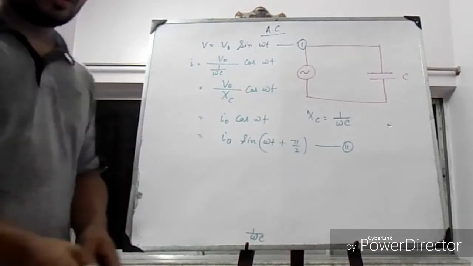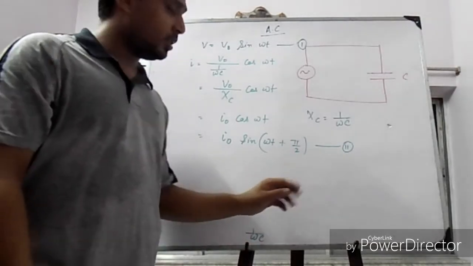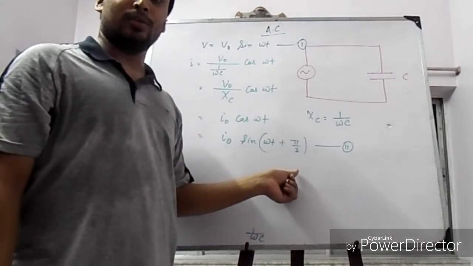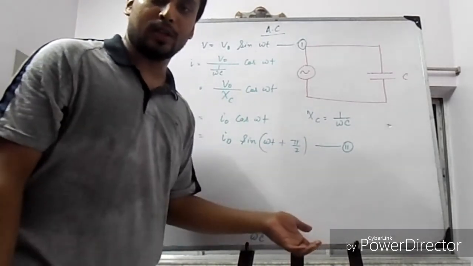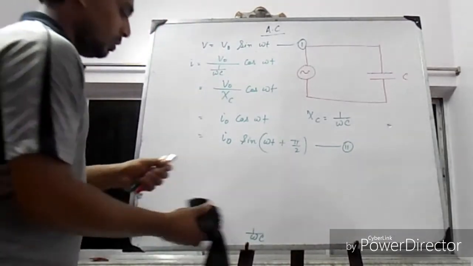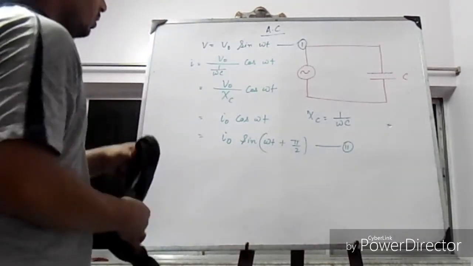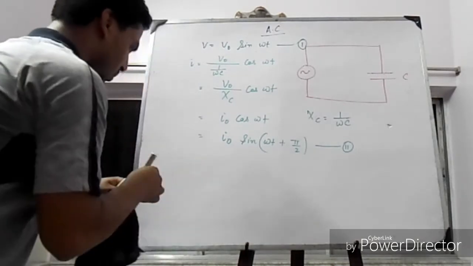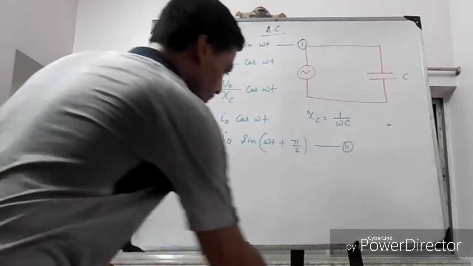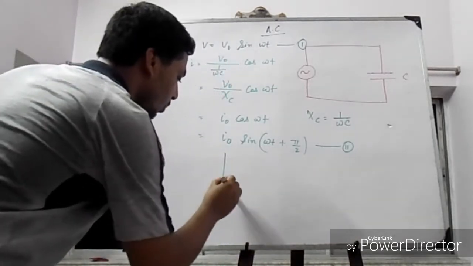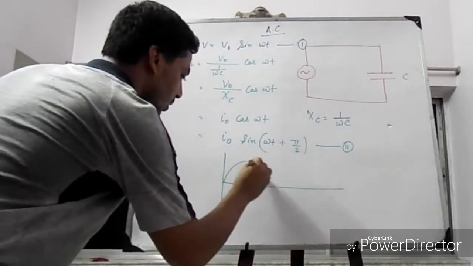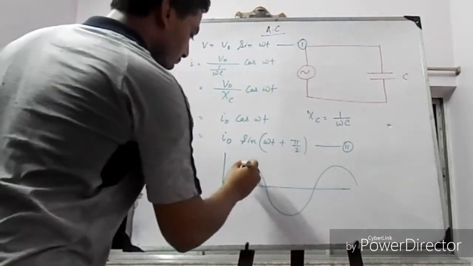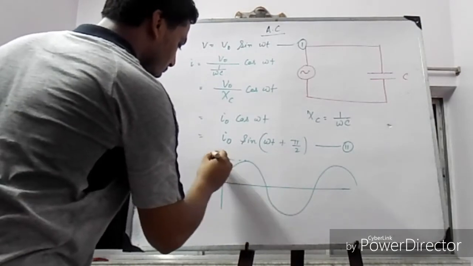In case of a pure inductor, the current was lagging behind the voltage by a phase angle pi by 2. Here it is leading by a phase angle pi by 2. So if you represent it by a phasor in this diagram, see what happened. Suppose this is the applied voltage V0.